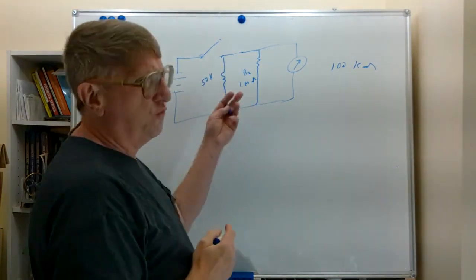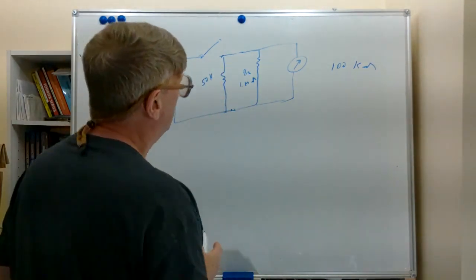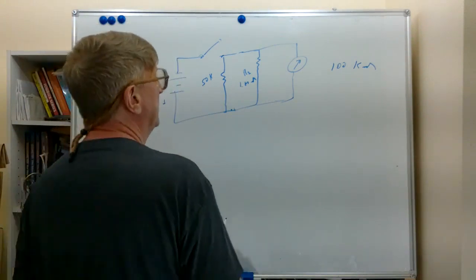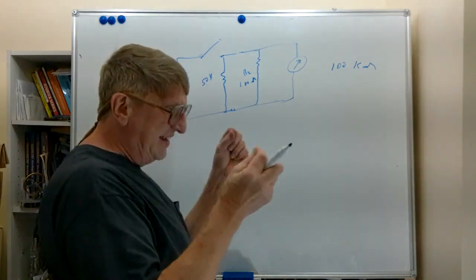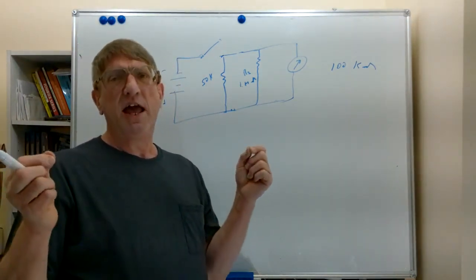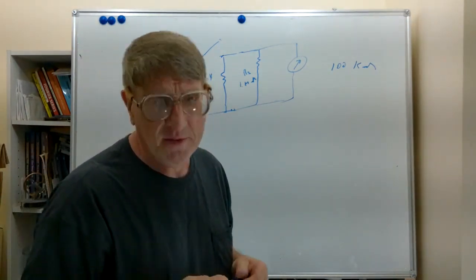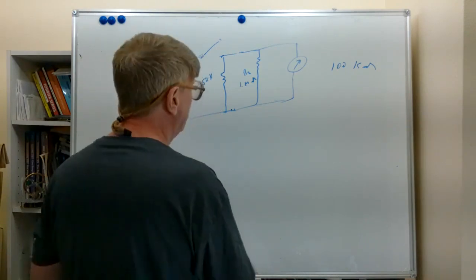So you're going to get a really bad value. So you want to use some kind of a clip you can clip onto a resistor so that you're not touching the leads and putting error into your reading when you do that.